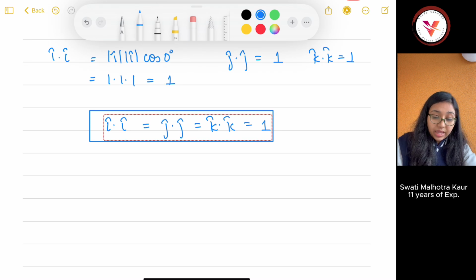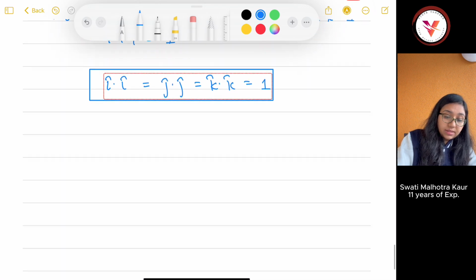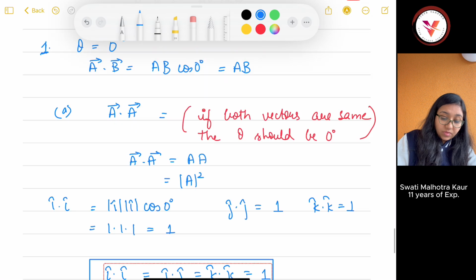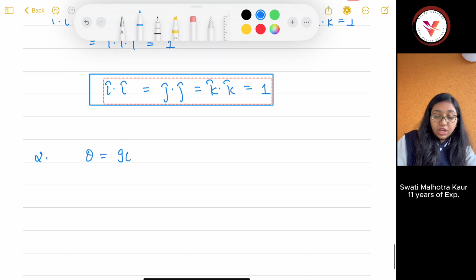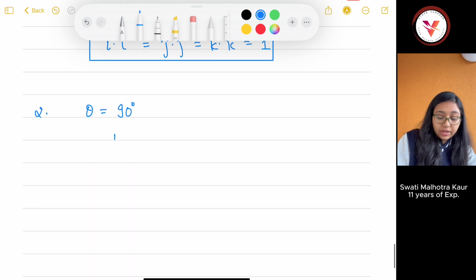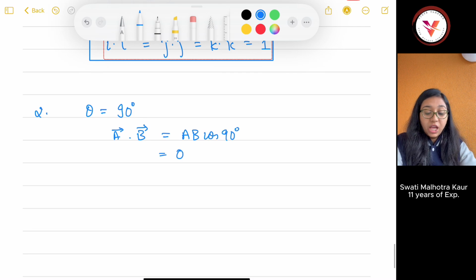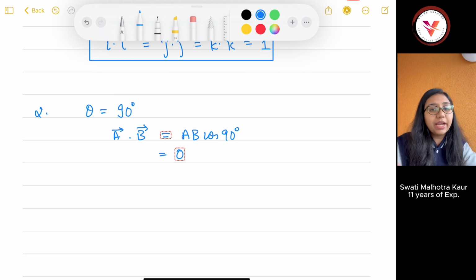Fine. Next is, if theta is 90 degree. If theta is 90 degree, then your A dot B is equal to AB cos 90 degree, and cos 90 is 0, then it is 0. Now two equal vectors cannot be perpendicular to each other. So it cannot be like A dot A cos 90 degree, obviously.